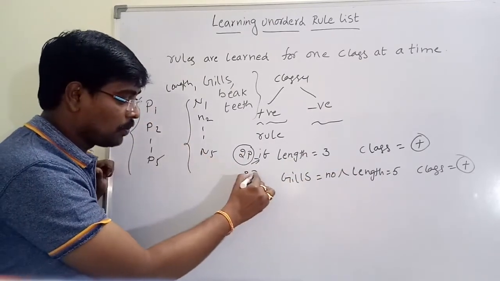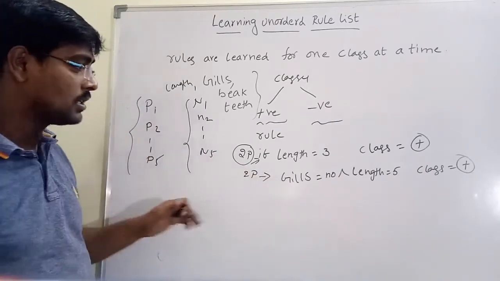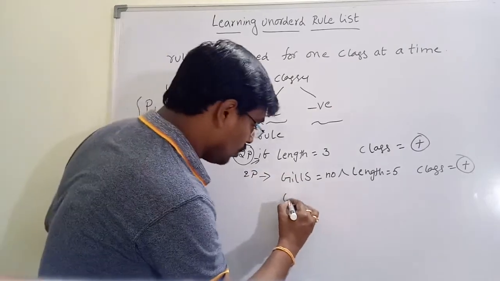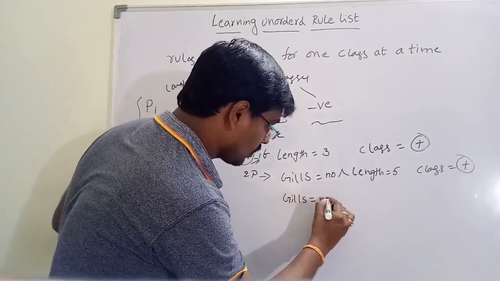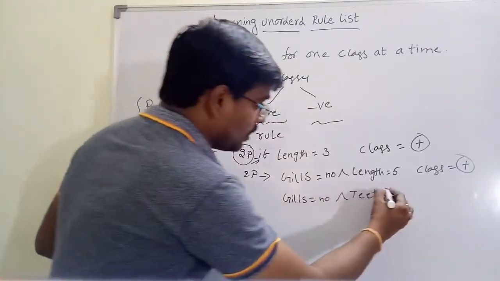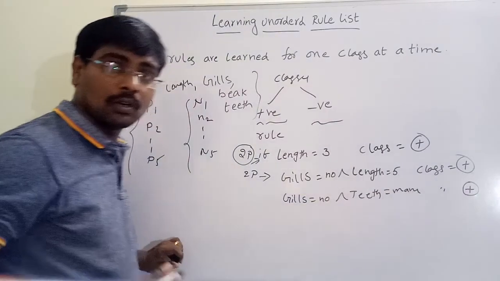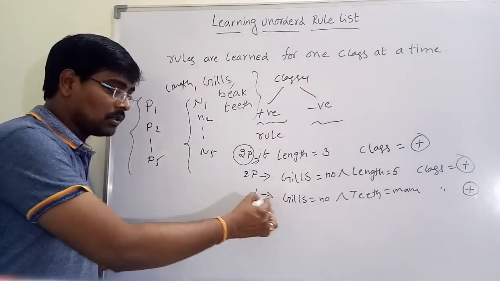Here also 2 positive examples are covered. Suppose one more rule is, if gills is equal to no and teeth is equal to many, then it is also considered a positive class. It covers a single positive.